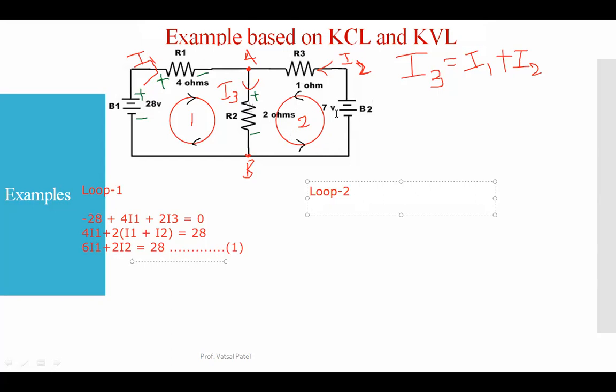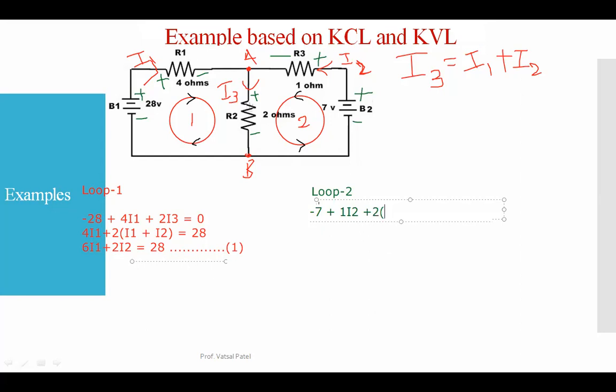For the second loop, can we write minus plus here according to the battery terminal? For R3, it is plus here, minus here, and R2 we already directed with the graph. So you can directly write loop number 2: minus 7 plus 1 into I2 plus 2 into I3.